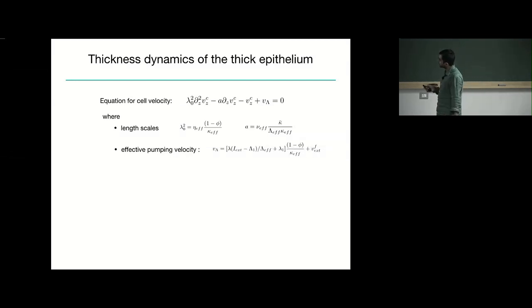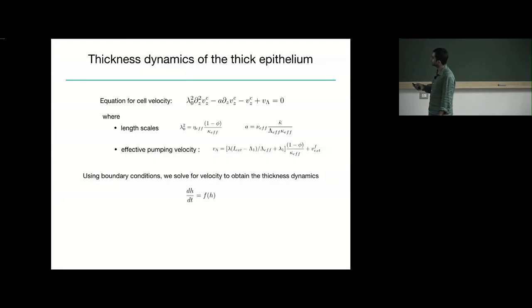Lambda naught is basically the permeation length scale, that is, how much the fluid can permeate per unit time. And A is the length scale which comes because of the electric effects. And V lambda is basically the velocity which comes because of the renormalization of the external velocity where the electric field affects.